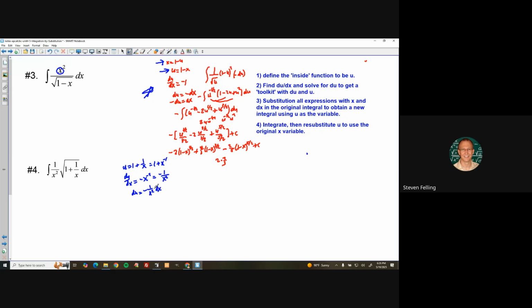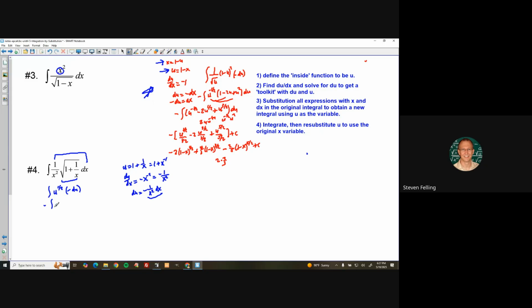And that's good, because I see I have a 1 over x squared here that I need to become part of the du. So rewriting this, I'm going to start with this part here. That is equivalent to u to the 1/2 power. Now we've got this 1 over x squared times dx, which is this. So that's equivalent to negative du. So just negative du to replace the rest of it.